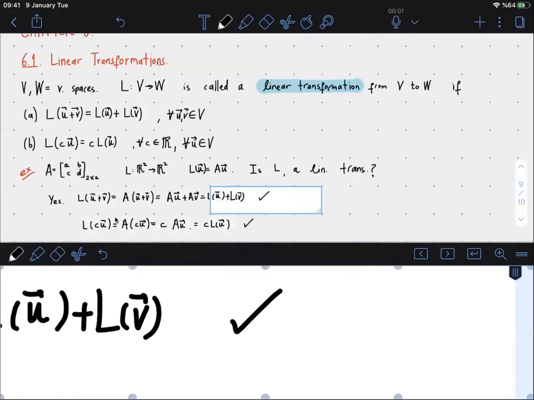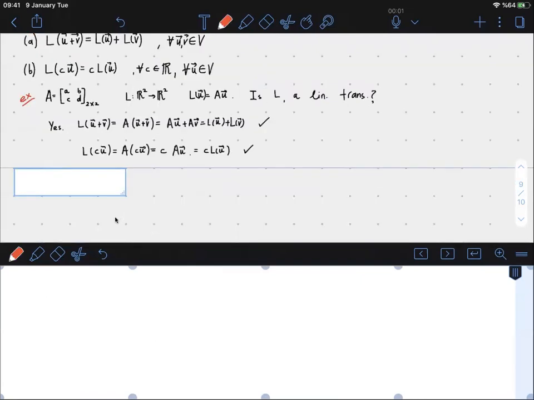Okay. Any questions here? This example can be generalized.